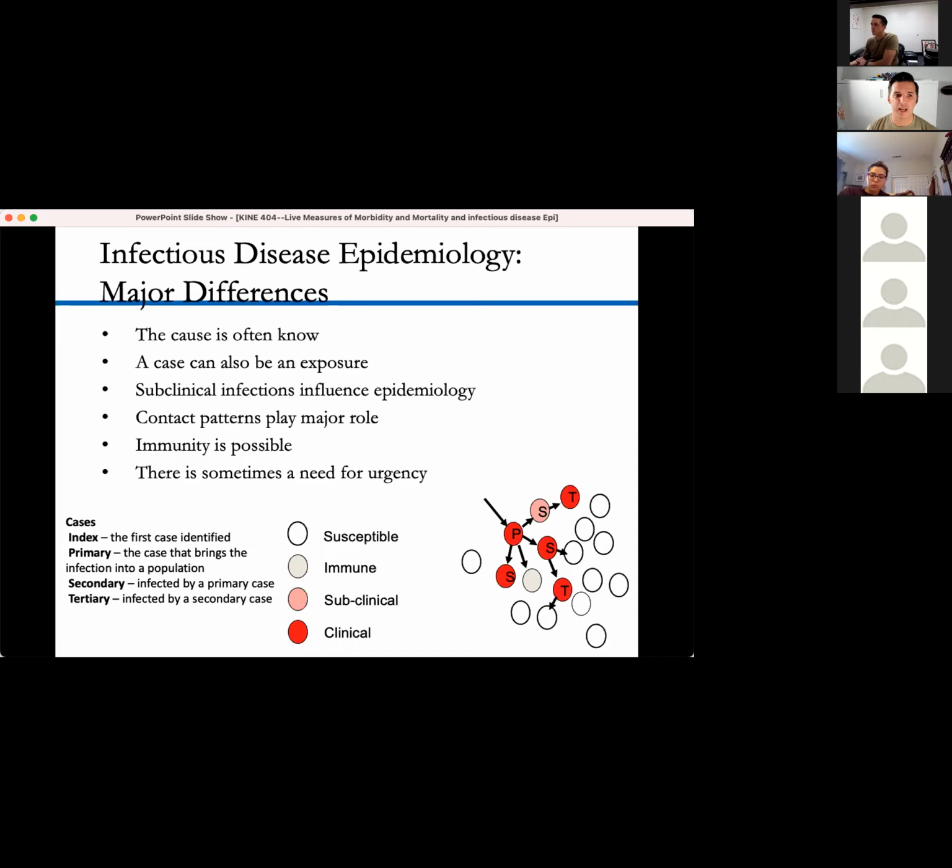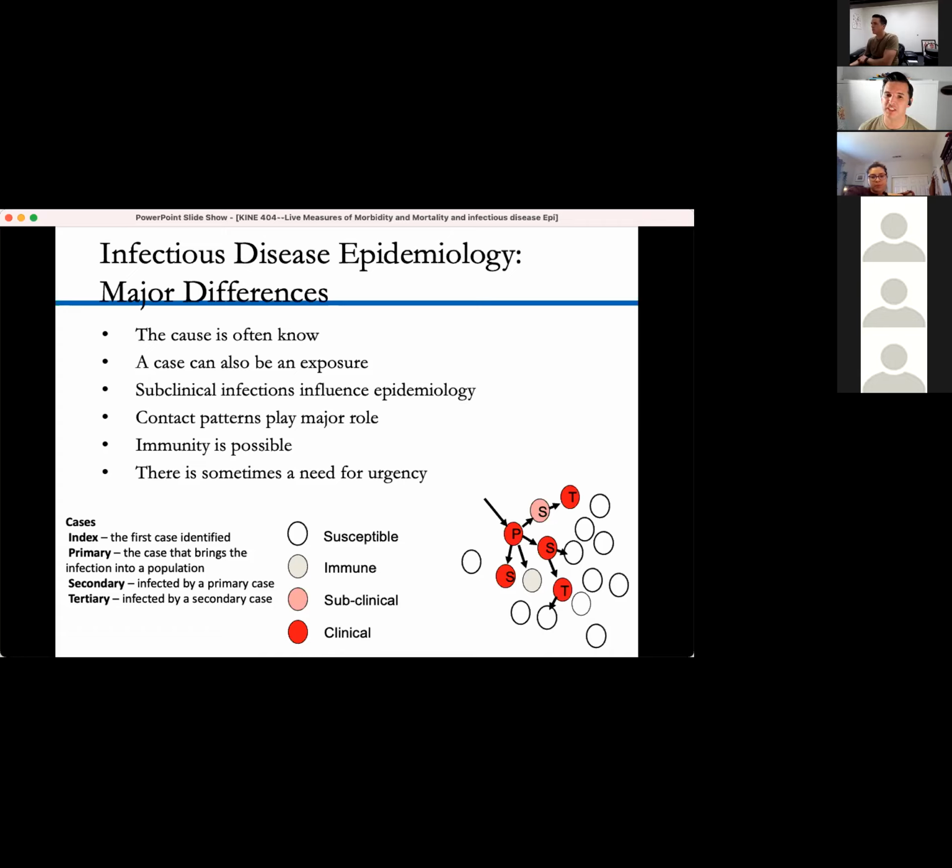What type of spaces we're in, and how crowded those spaces are, plays a role in disease spread. Immunity is possible through vaccination or through getting infected, with infection causing a lasting immune response that prevents future infection. And there's sometimes, or often, a need for urgency. We've seen that with the COVID-19 pandemic, with a large number of people being hospitalized and greatly affected by mortality in our population. So there's a need for urgency to curb the spread of disease.